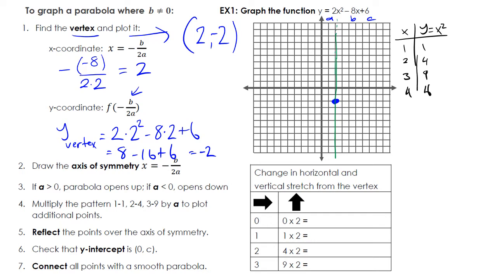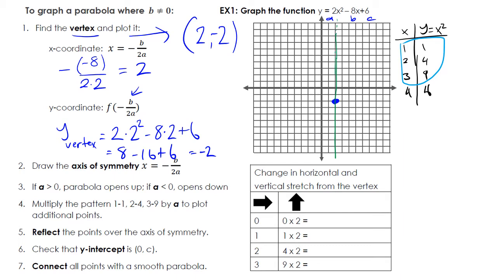Now, because our graphs are tiny, we are just going to look at the first 3 in here, and we will use that pattern from the parent function, and with the help of that pattern, we will be able to figure out the points for this graph. We will put 0, 0, 1, 1, 2, 4, 3, 9 in here, and we will multiply each of them with the a value.